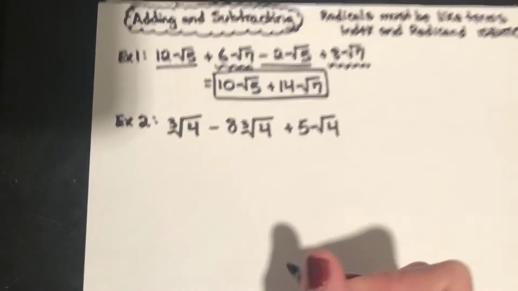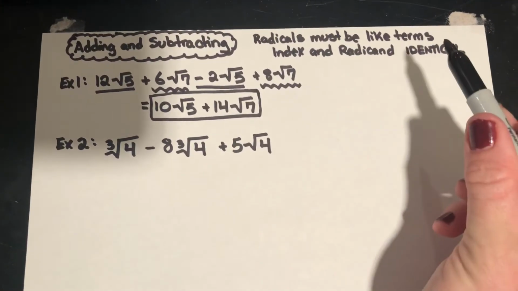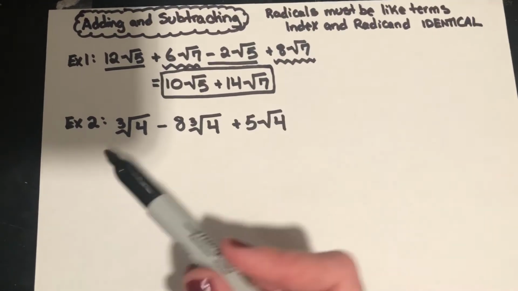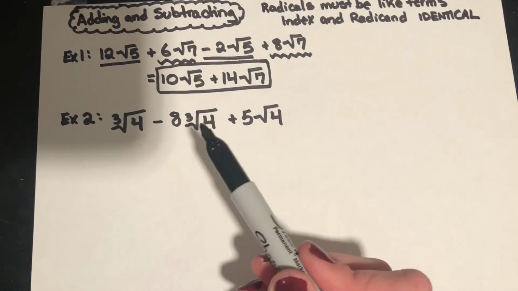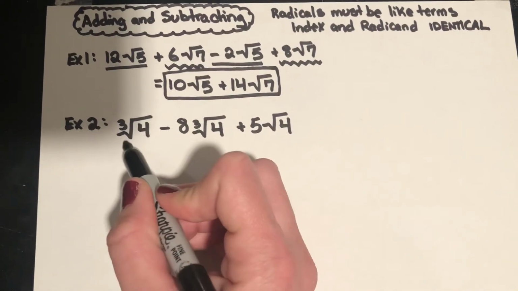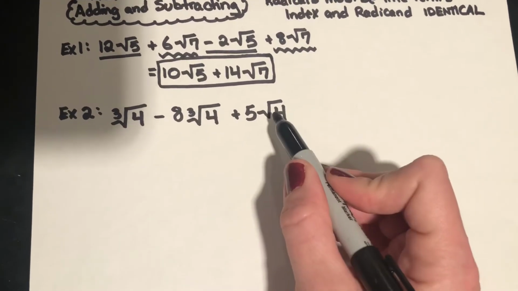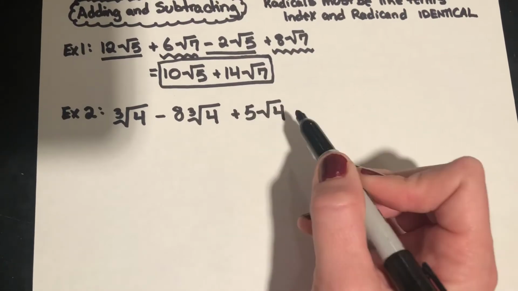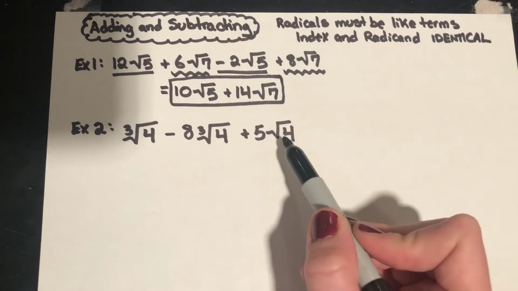Again, we must have like terms to add or subtract. Index and radicand must be identical. In this problem, I see 2 different indexes. The first 2 are cubed roots, and the last one is a square root. Note that all the radicands are alike.